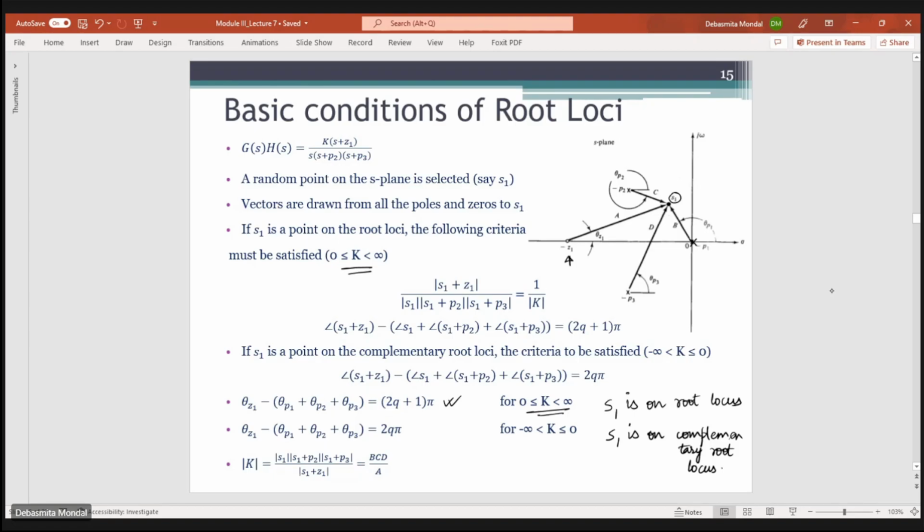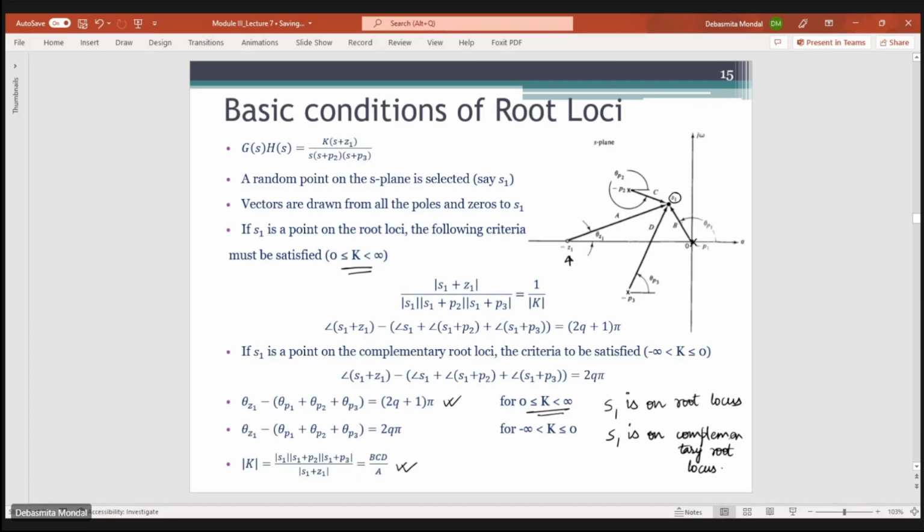So the value of K will be equal to B, C and D multiplied, divided by A. Then we can say that this point S1 is actually lying on the root locus, and the value of K at that point will be given by this equation.